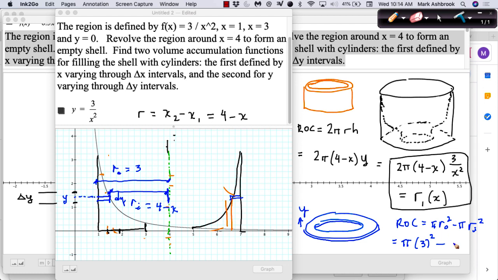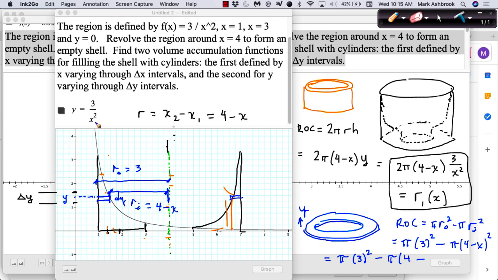All right, and then we got to get that in terms of y, because we're doing y, our independent variable is y. So what is x in terms of y? So pi times 4 minus, we need to get this, so let's see, it's going to be x squared equals 3 over y.